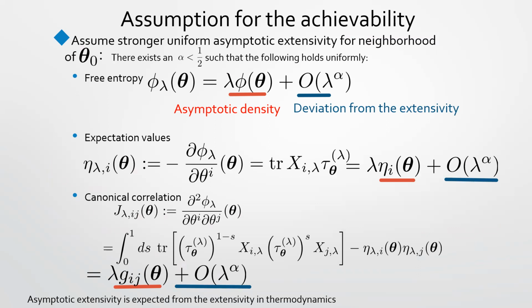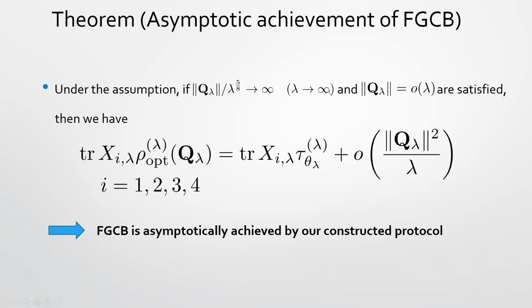And to achieve achievability, we need some technical assumption for the accessibility. So we have this good order evaluation. And also we need some small assumption. So this is the optimal output, and this is the ideal one.